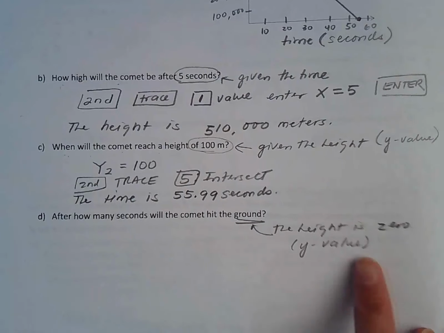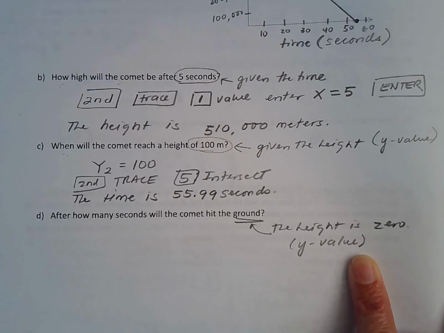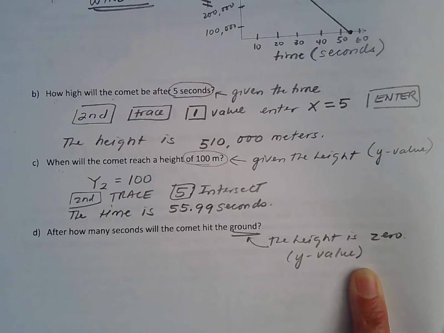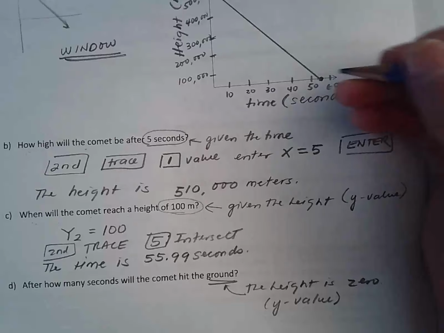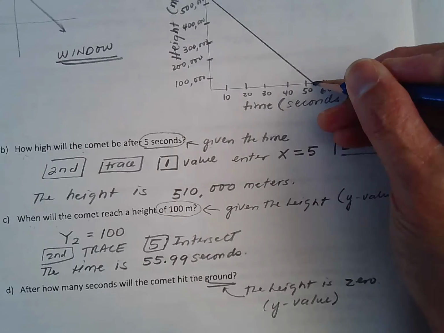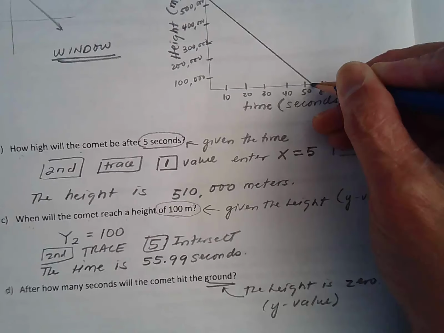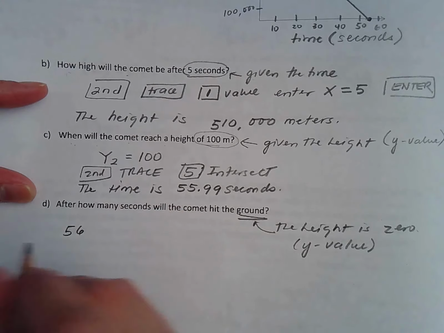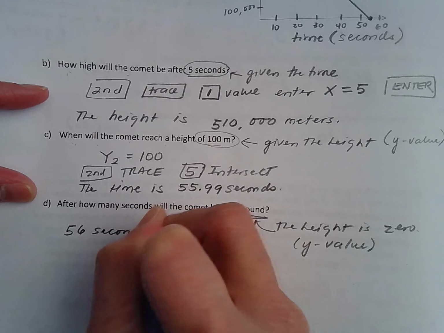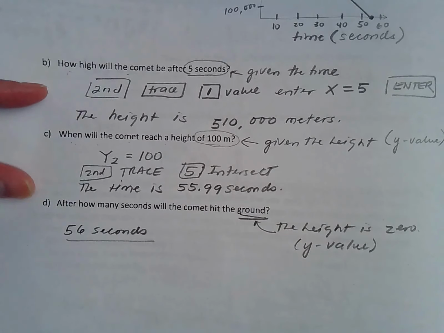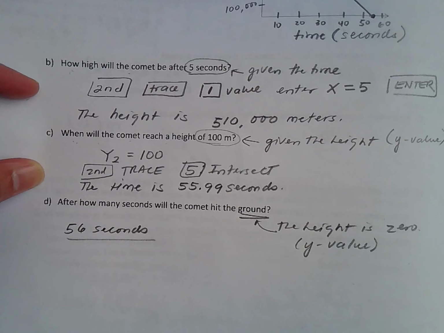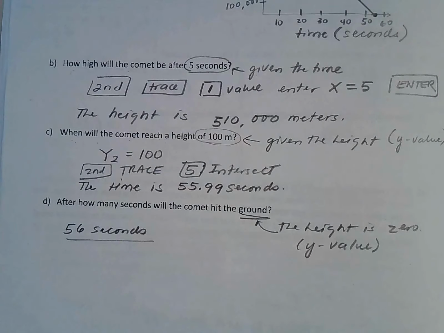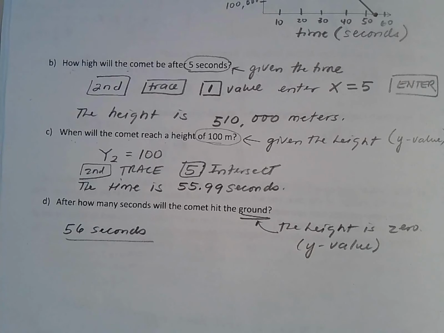Didn't we figure this out already? Yeah. What's the value for that one? This is the point there, right? It's 56, oh no, not meters, 56 seconds. Okay. So the y value is 0. So what do you think about that one?